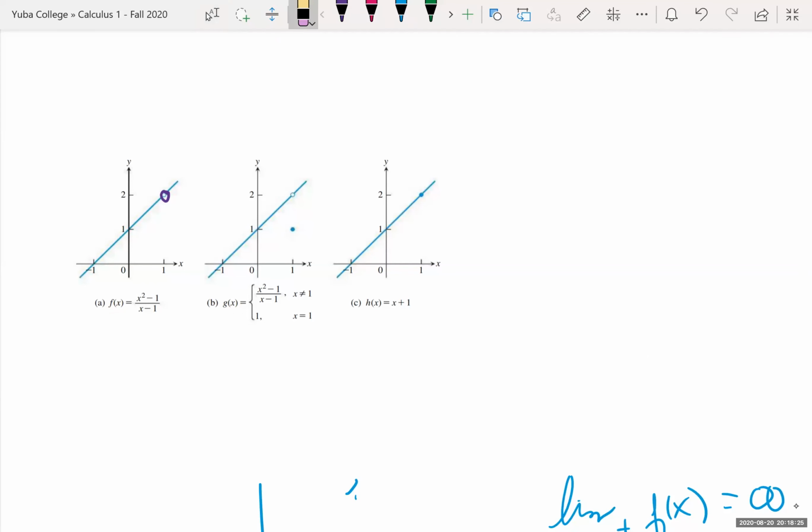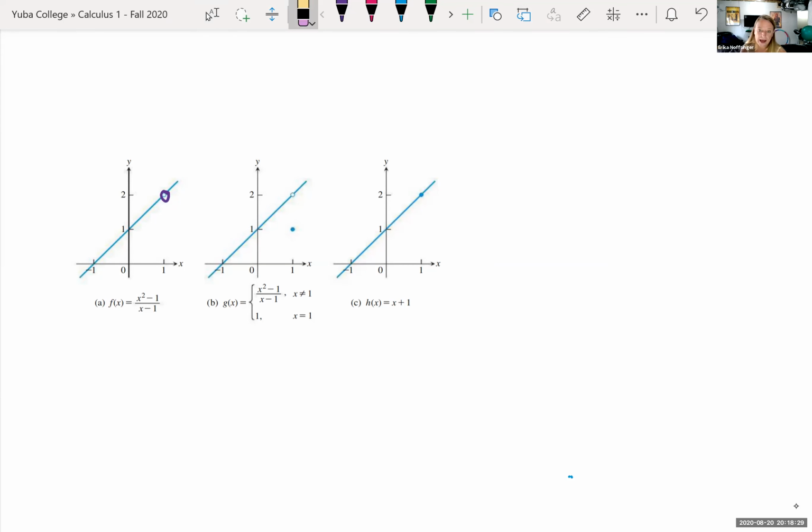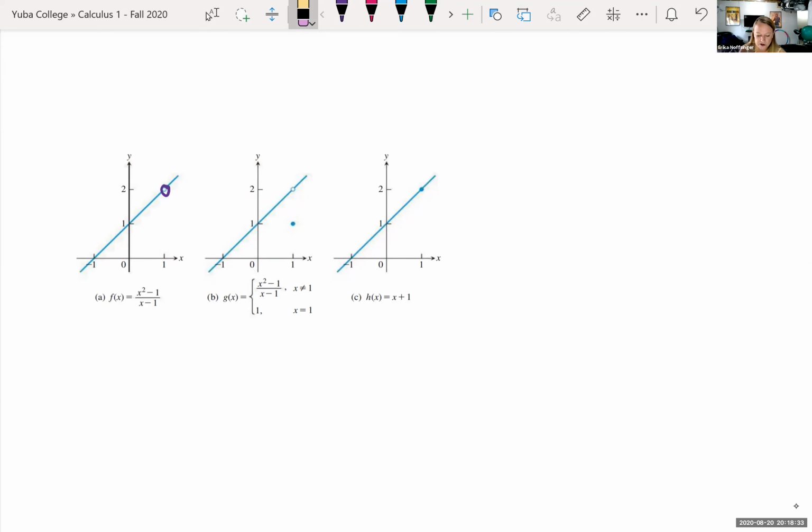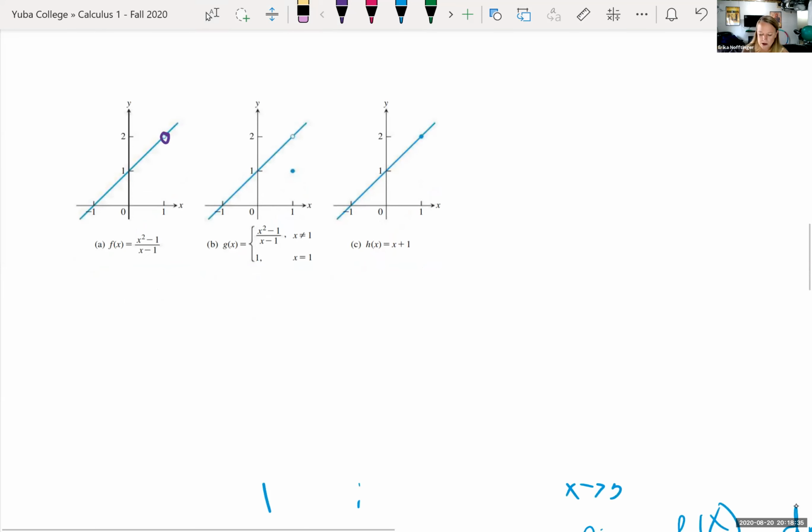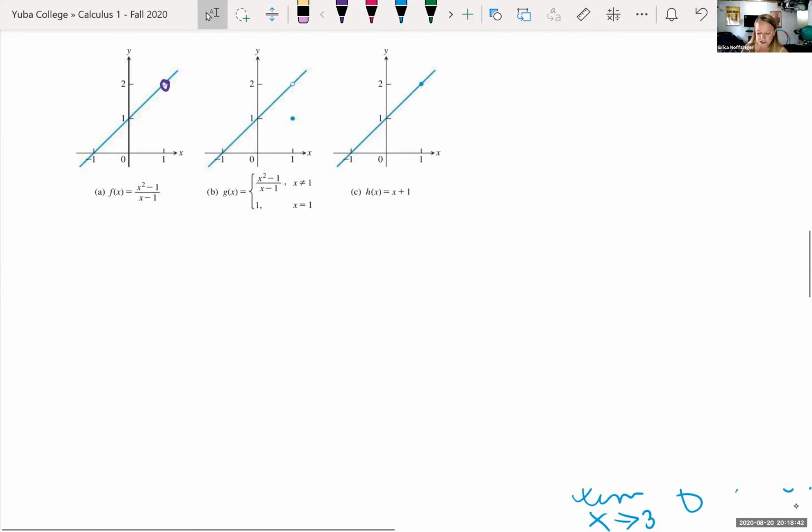When you're graphing rational functions, you want to see if there's any vertical asymptotes. And vertical asymptotes occur where your denominator equals 0, but not also your numerator. The other thing you have to worry about with rational functions are values which set the denominator equals 0, because those are undefined and they're not in our domain.